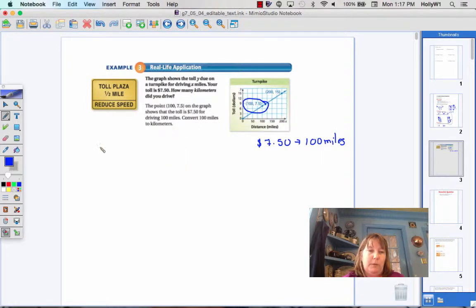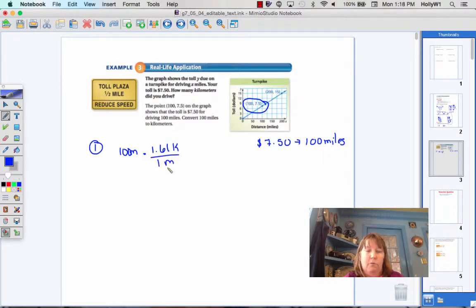Well, there's two ways we can do this. So method one is to convert using a ratio. So I can say 100 miles times 1.61 kilometers per every mile.